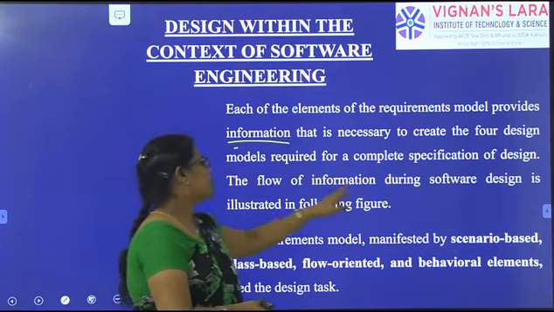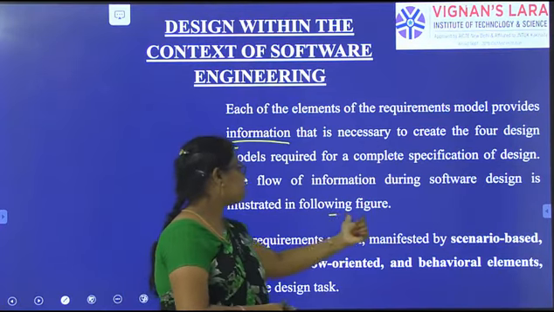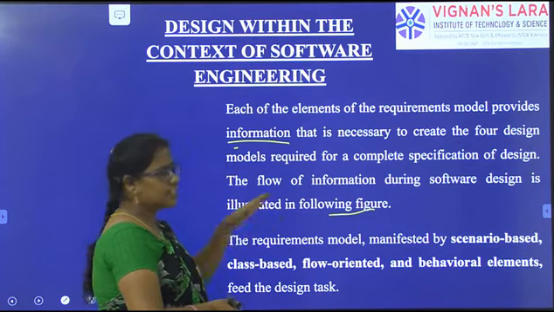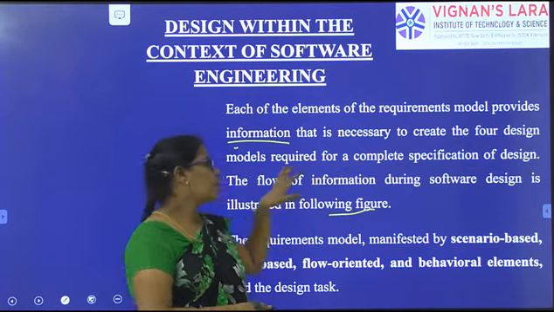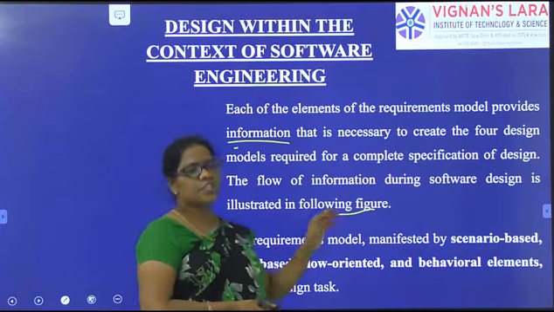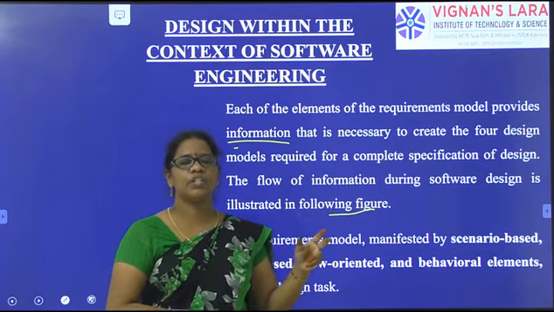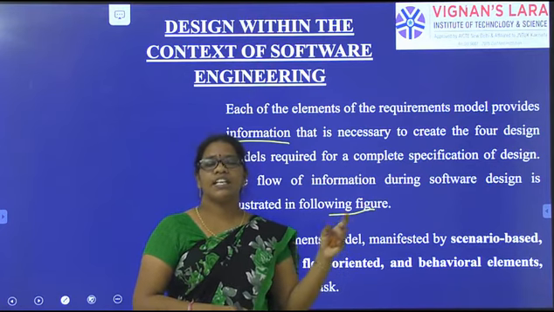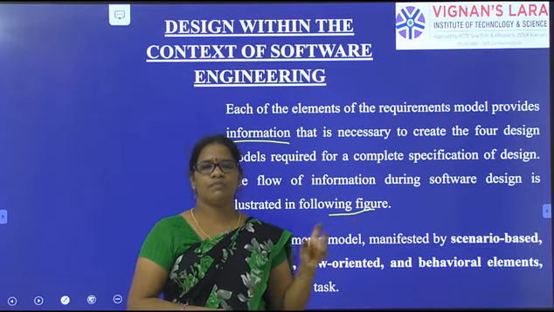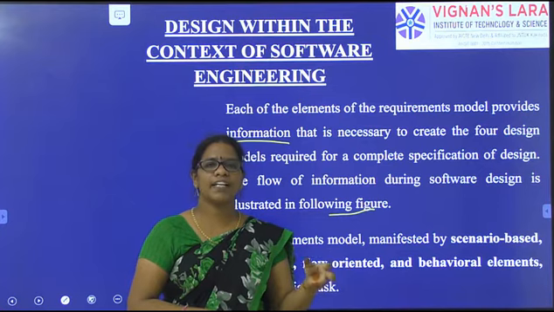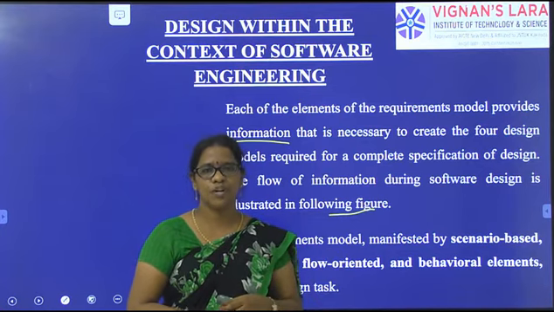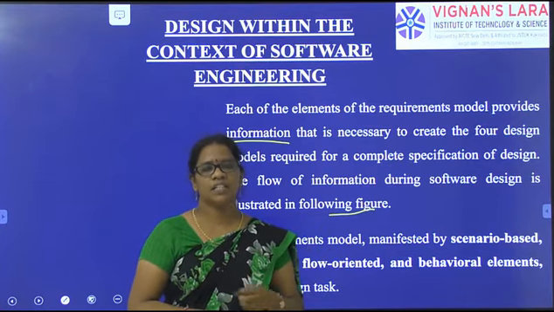The flow of information during software design is illustrated in the following figure. There is a figure, which I will show later. So how does the information flow in the design process? In the previous sessions, in the third unit, we have seen the sequence diagram and UML diagrams. They are used for the requirement analysis model, in requirement modeling.